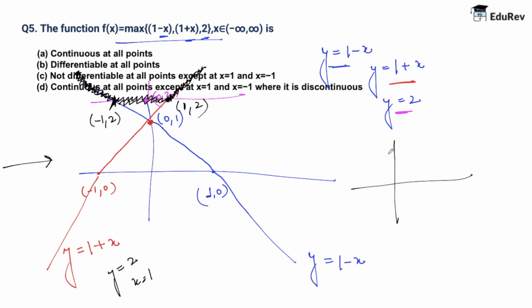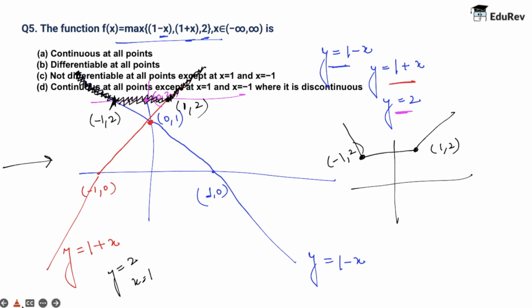So if I need to draw the plot of this, it will be this, and these 2 points are going to be (1, 2) and (-1, 2). So this is going to be a curve. Now you can see that this graph is actually continuous at all the points, but at 2 points it is non-differentiable. The points are (-1, 2) and (1, 2).